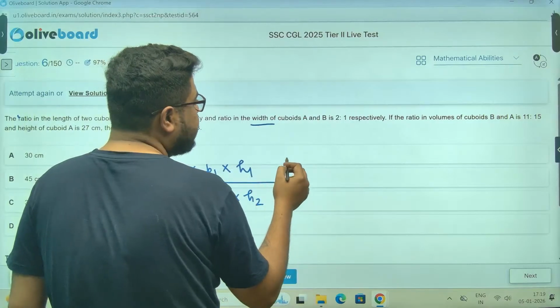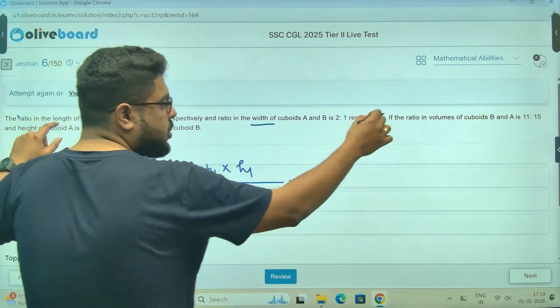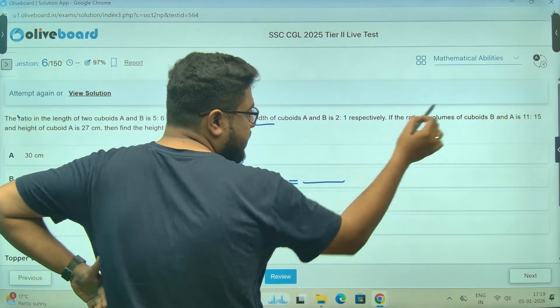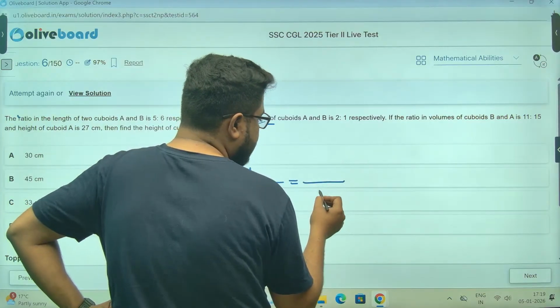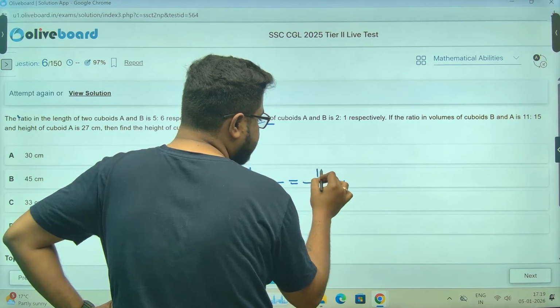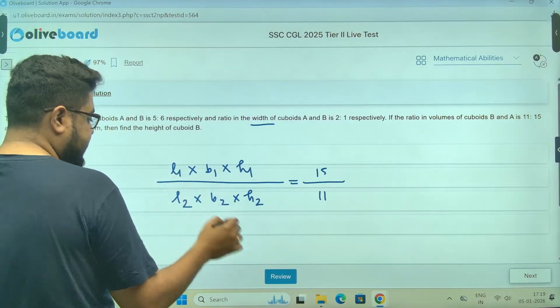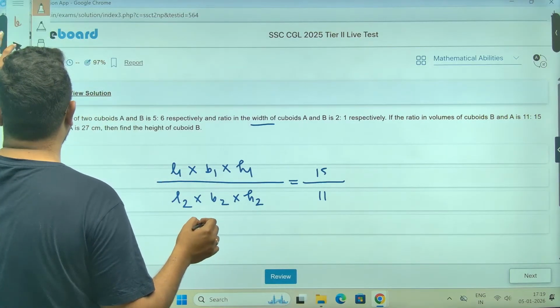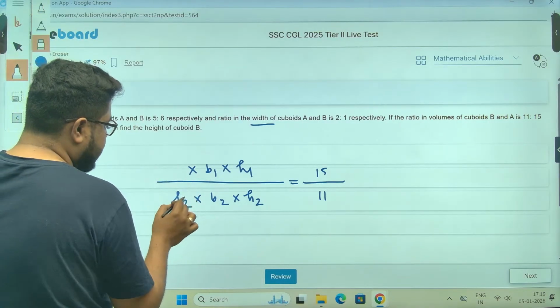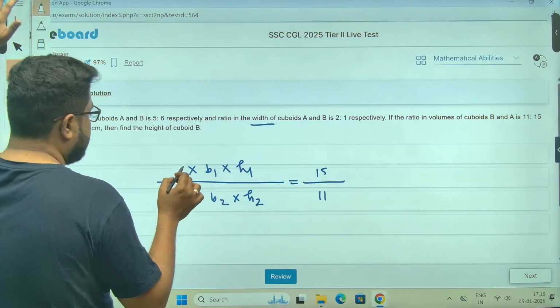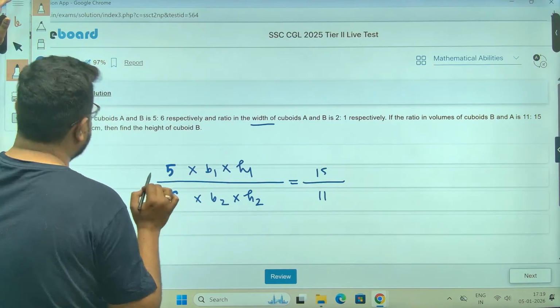The volume ratio is given. The ratio of the volumes, B to A, B is 11 and this one is 15. Okay. A to B is 5 by 6. So this is 5, this is 6. I can write directly: this is 5, this is 6.